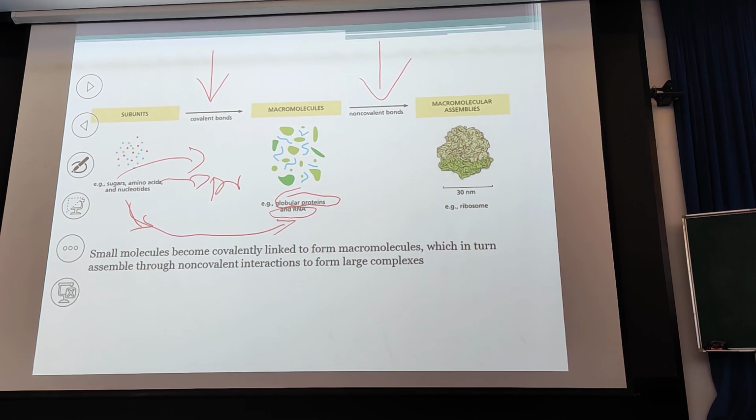From protein and RNA, they can make a structure inside the cell, the ribosome. Okay, covalent bonds make macromolecules, non-covalent bonds make macromolecular assemblies. Together, covalent and non-covalent bonds make everything in our bodies work smoothly together.